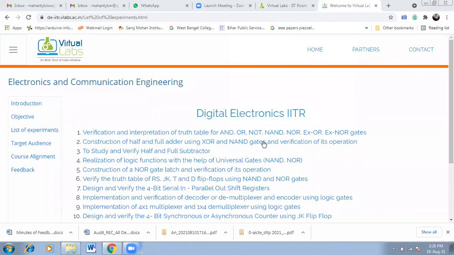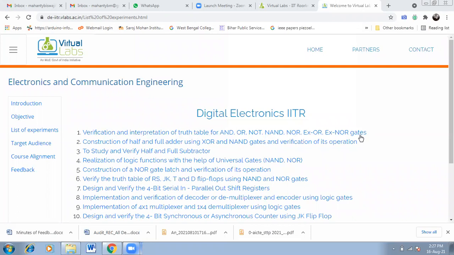Today we'll do a new experiment, that is implementation of multiplexer and demultiplexer. In theoretical classes we have already covered this topic, so today we'll do experimental observations.